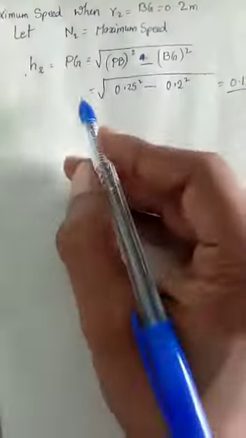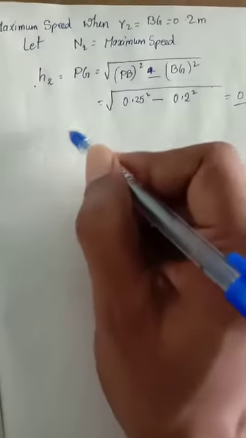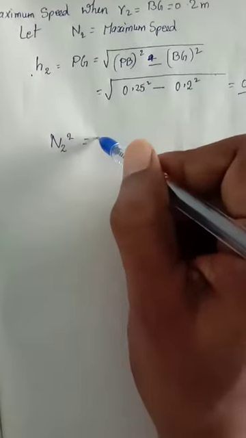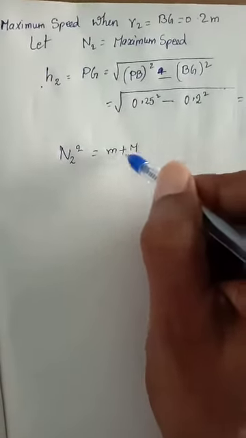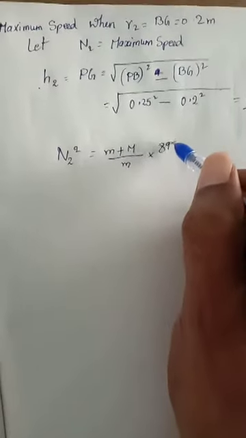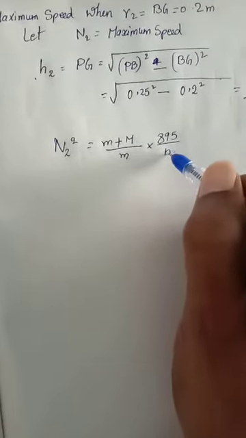Okay, and now h2 comes here, then we go for N squared equals m plus M divided by m into 895 divided by h2.